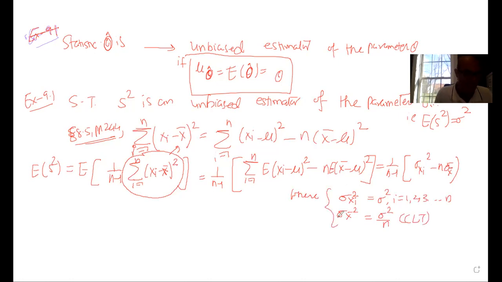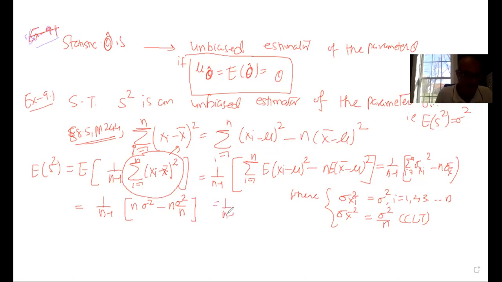Please keep this in mind. So I can write 1 over n minus 1 times the bracket: summation of sigma square, which is n times sigma square, minus n times sigma square divided by n.